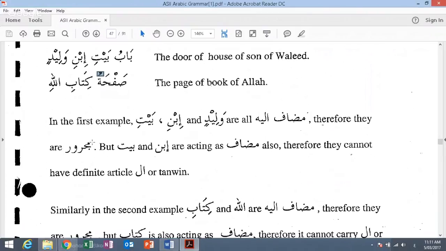Okay, you can see the majroor. That's why the jarra is there. But Bait and Ibn are acting as mudaf also, because you are ascribing to the third one. Therefore, they cannot have the article al or tanween. In Baiti, for example, you cannot put the tanween or the alif lam.